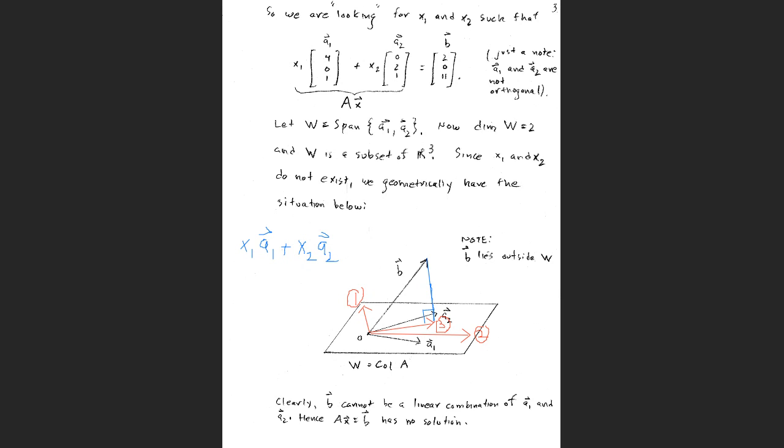Because any linear combination of the column vectors A1 and A2 is in the column space of the matrix A. So instead of asking which vector you like, which vector is kind of special of those three vectors, 1, 2, and 3?